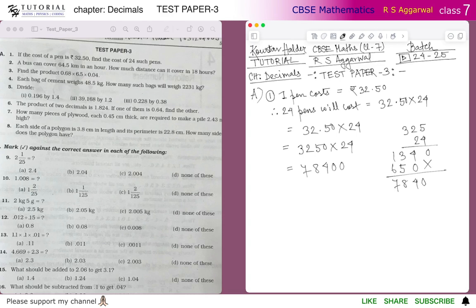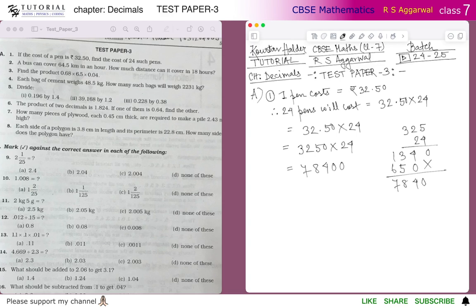So this is the result, but now we have to put the decimal point. Remember, when you multiply a decimal number with a whole number, first you multiply the decimal number as a whole number by omitting its decimal point, and in the product you put the decimal point in the place depending on the decimal places of the decimal number.